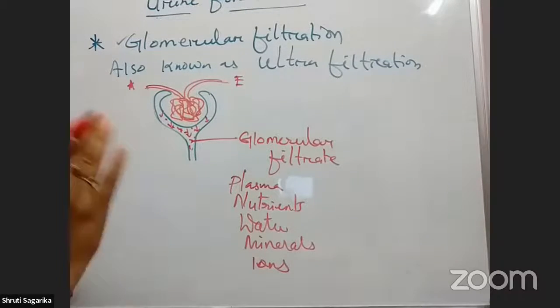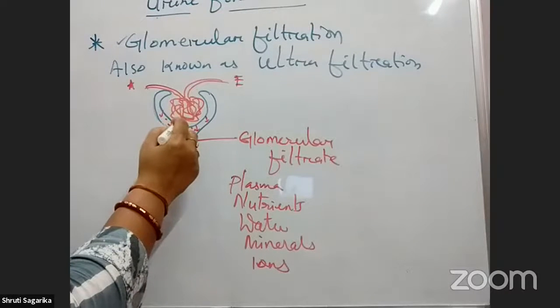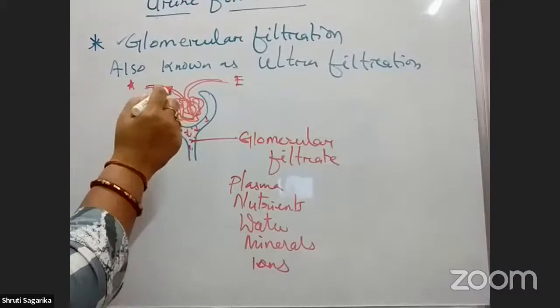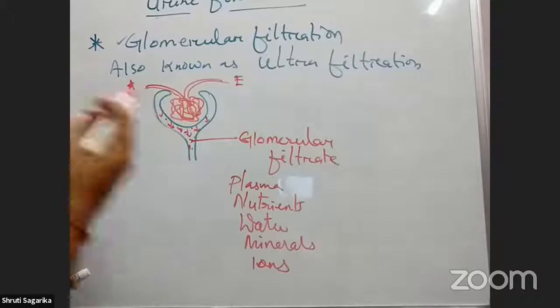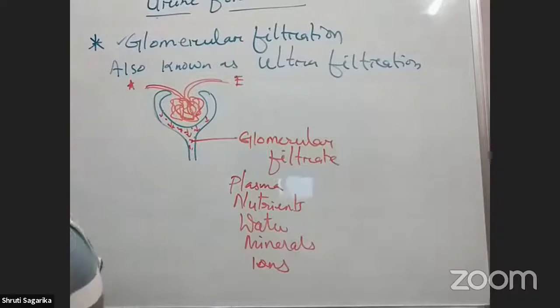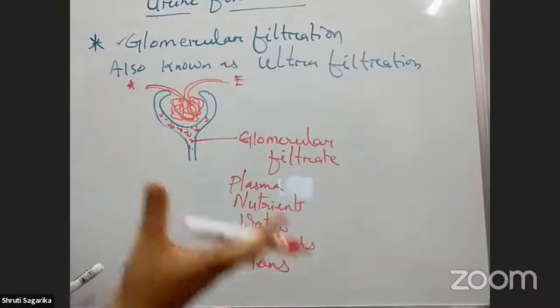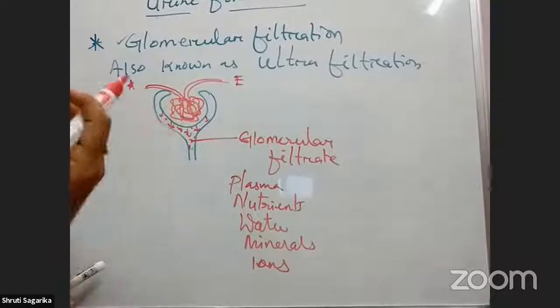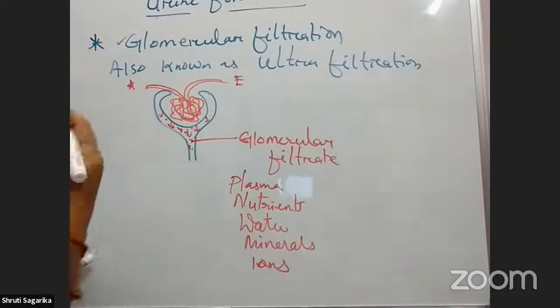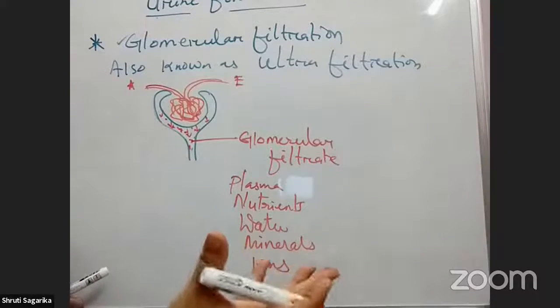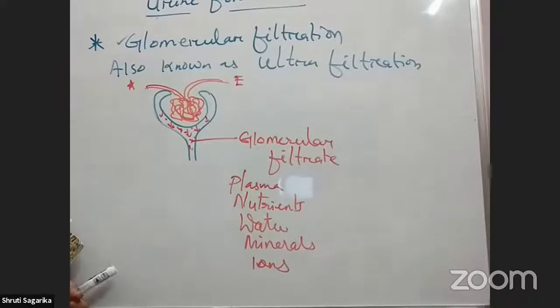So when pressure is exerted on the blood vessels in the glomerular area, the pores in the vessel wall squeeze out the majority of the plasma, water, minerals, many hormone molecules and many substances in the form of a fluid which is called the filtrate.